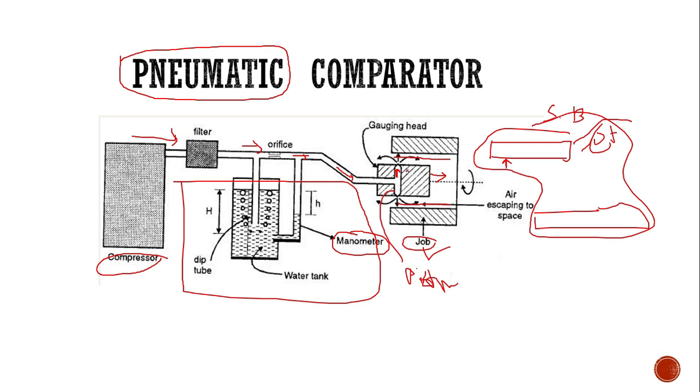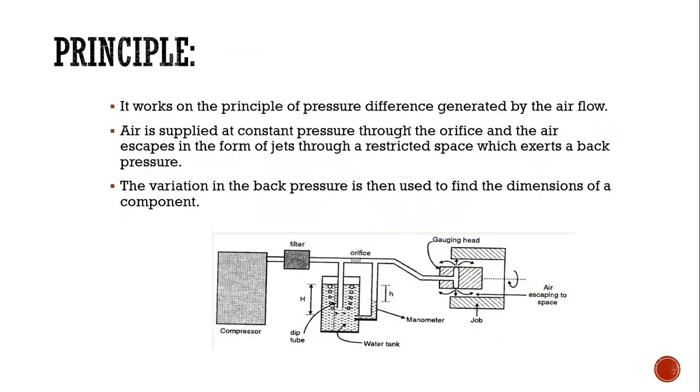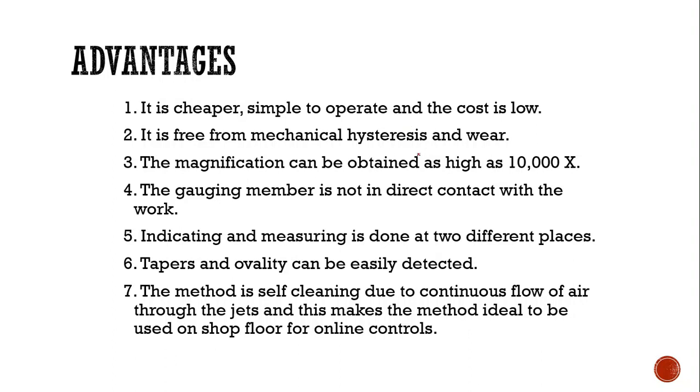Most of the time this pneumatic comparator is used to check holes, the uniformity of holes, and to compare the dimensions of holes as well. Same principle that we have already discussed. It is cheaper, simple to operate and low cost, free from mechanical hysteresis and wear. Magnification is also very high, maybe 10,000 times.